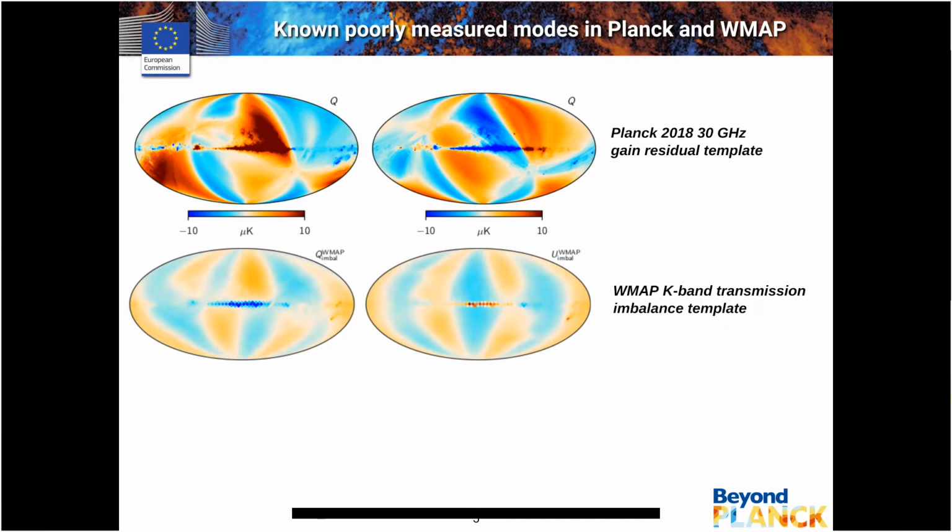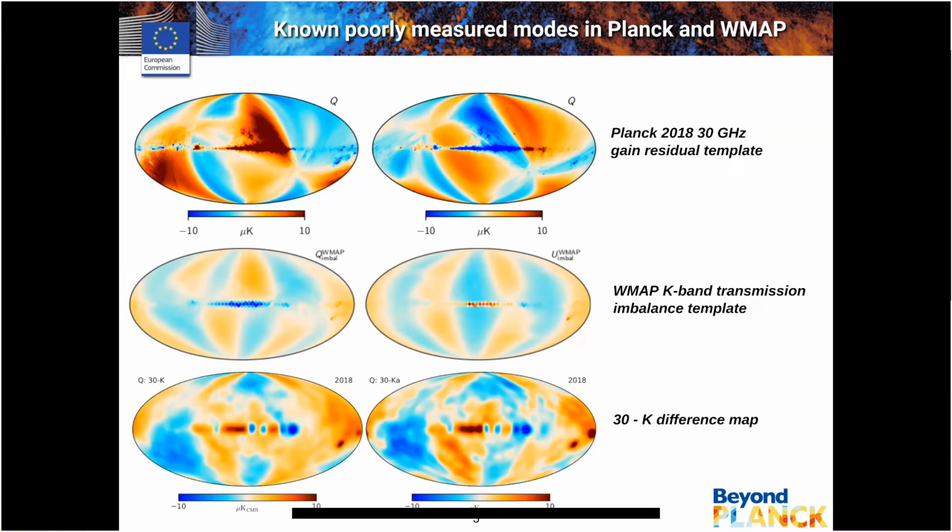So this is the WMAP K-band imbalance, or transmission imbalance template. And these were the modes that WMAP knew that it wasn't really able to measure very well just because of its scan strategy. So if we look at these difference maps that I showed before, you can see that these large-scale polarized differences look, not 100%, but at least strongly correlated with these known modes that the 2 experiments knew they hadn't done a very good job of measuring.